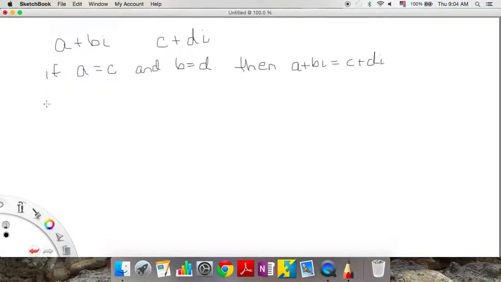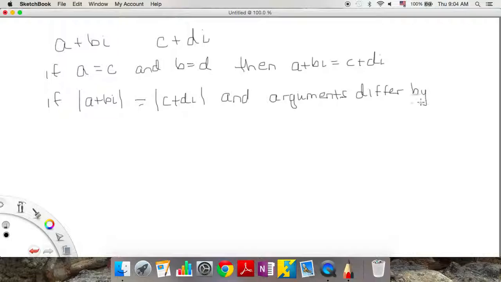The other thing that we can look at, though, is if their modulus, their absolute value, their r value, if those two are equal, if the moduli are equal and their arguments only differ by integral multiples of 2 pi, in other words, by being around the circle multiple times, then we know that they're equal.